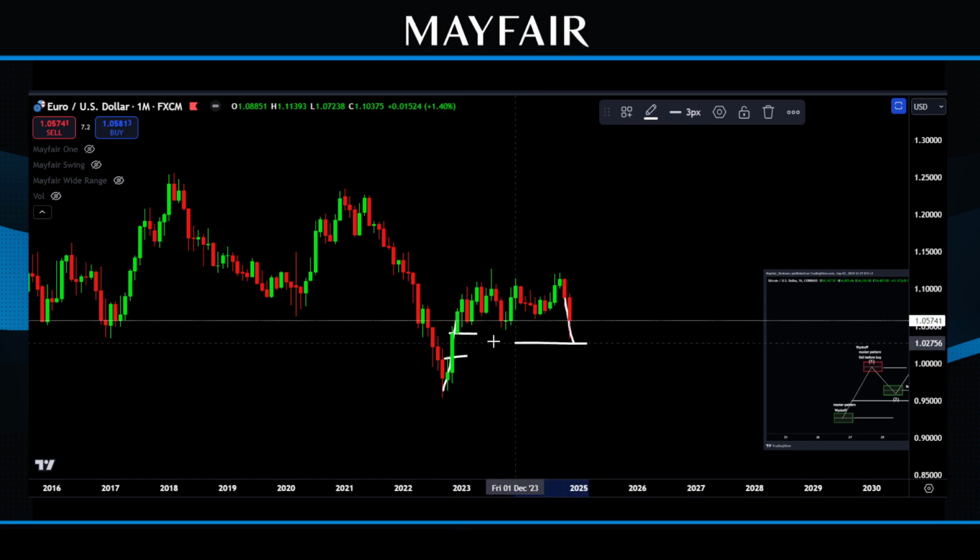And as you can see, we had a rejection pretty much from here. We're having a rejection as we speak from here, right? And therefore, I wouldn't be surprised if we come back down, fill the wick, come back down, fill the gap even, right? So take in some liquidity before ultimately coming back for another move up, right? So these things happen over and over again.